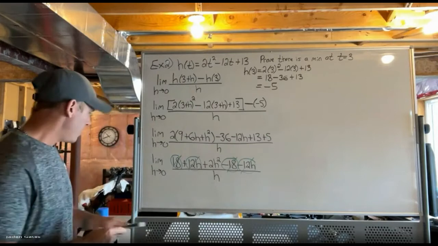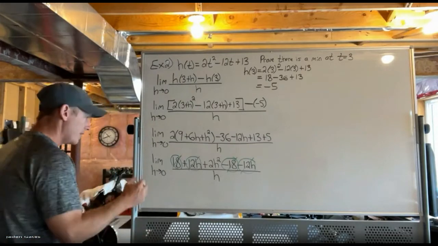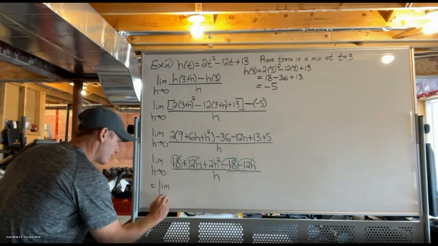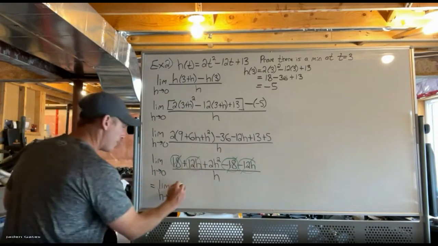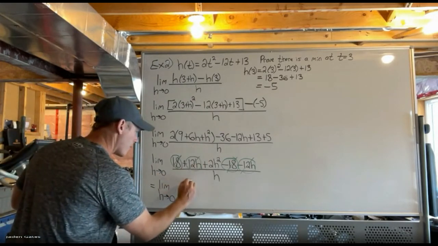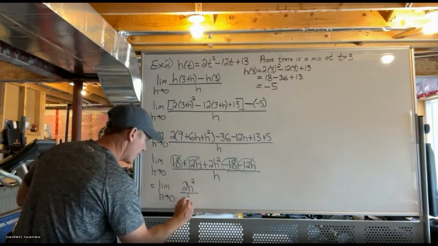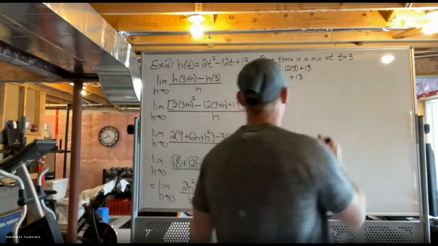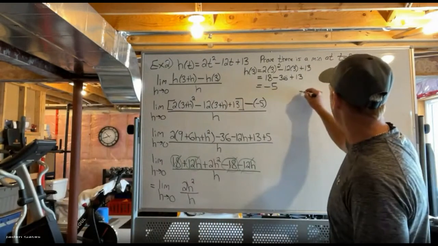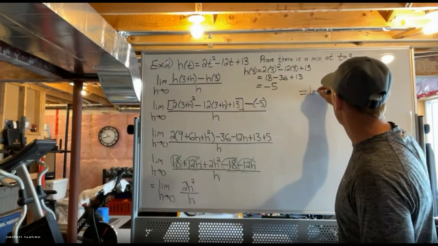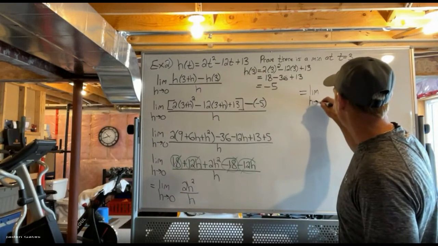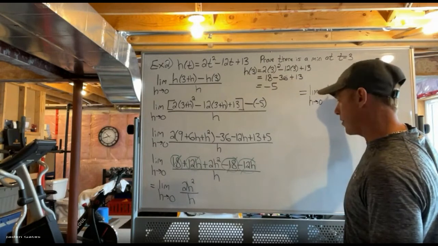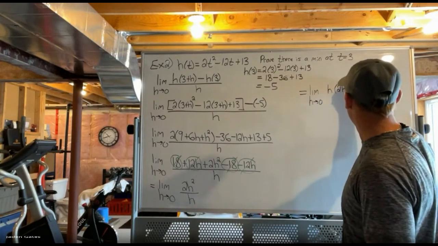All right, so now let's see here. I got the limit as h approaches 0. On the top, after all that, I got 2h squared divided by h. Now I get a little more room, so we'll simplify it a little bit here, where now I have equals the limit as h approaches 0. I factor out an h, so I did a little bit different this time out here. Same idea.